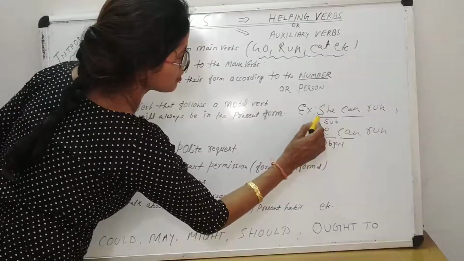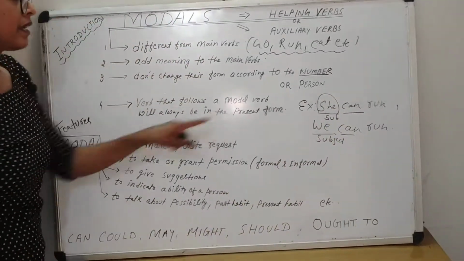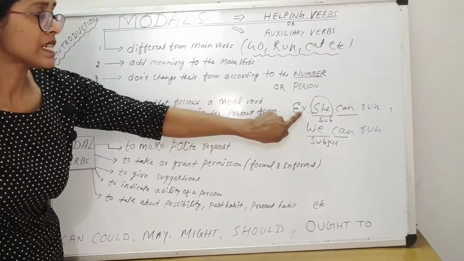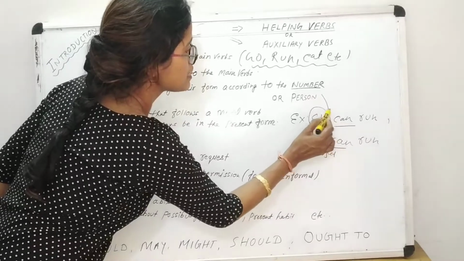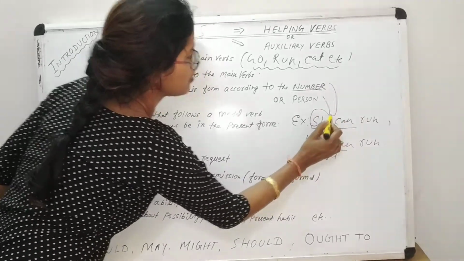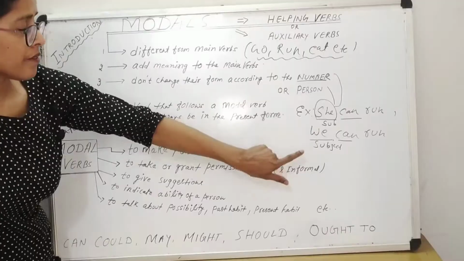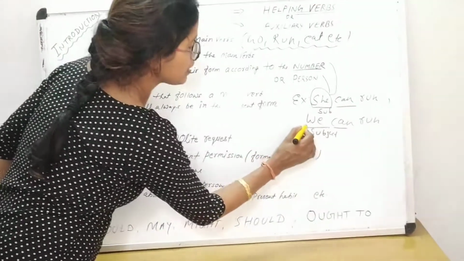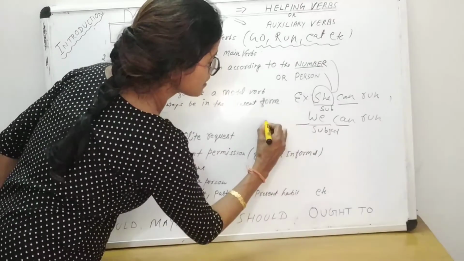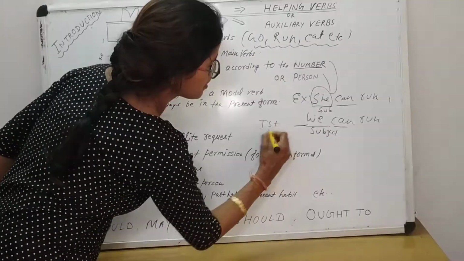Now she is a subject, and what is she? She is third person singular, and the number is singular, right? But look at the difference in the second sentence. We is a subject, but what is we? We is first person plural.